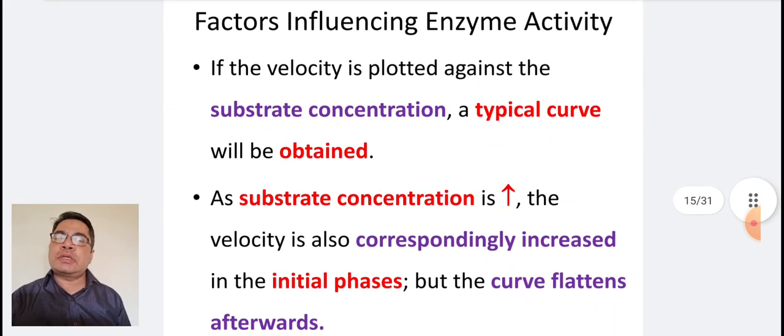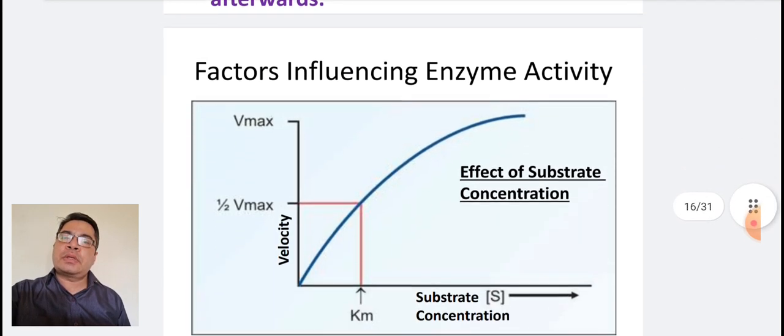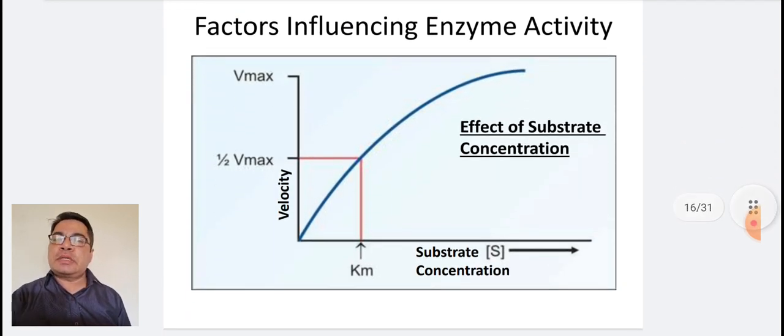If the velocity is plotted against the substrate concentration, a typical curve is obtained. As substrate concentration is increased, the velocity is also correspondingly increased in the initial phases, but the curve later flattens. In this graph, we can see that substrate concentration is plotted against velocity and the effect of substrate concentration is seen.